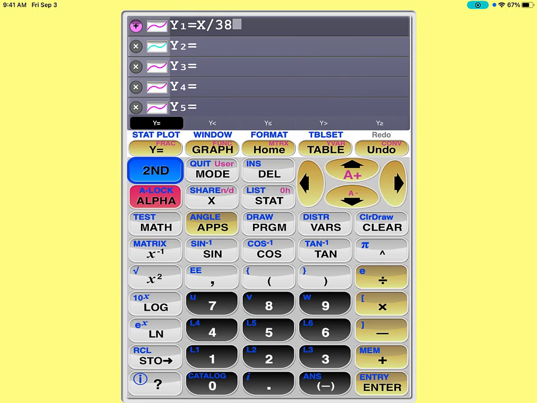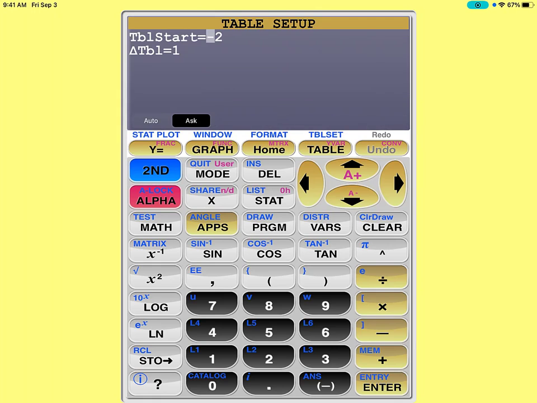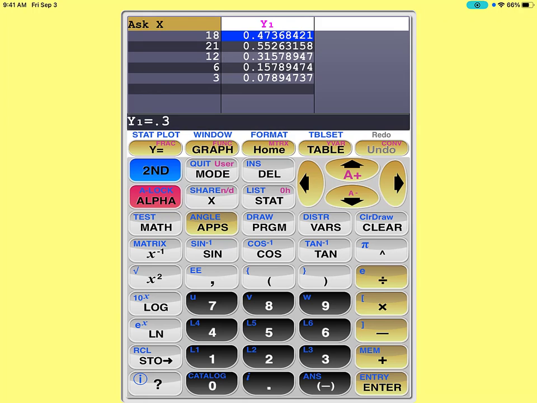And so then I can go to second table set, and I want it to be ask. So let's go to the table. And if I come over here and I put in those numbers, 10 divided by 38 will give me 26.4. This is just a faster way of doing it.